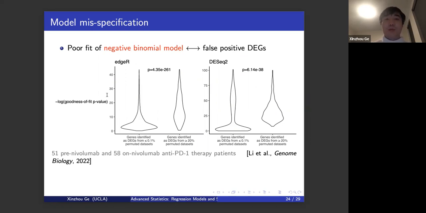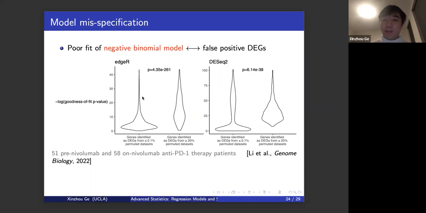So here, what we did was to do a goodness of fit test to test whether the negative binomial model was fit. If the p-value is small, it means that the model was not well fit.